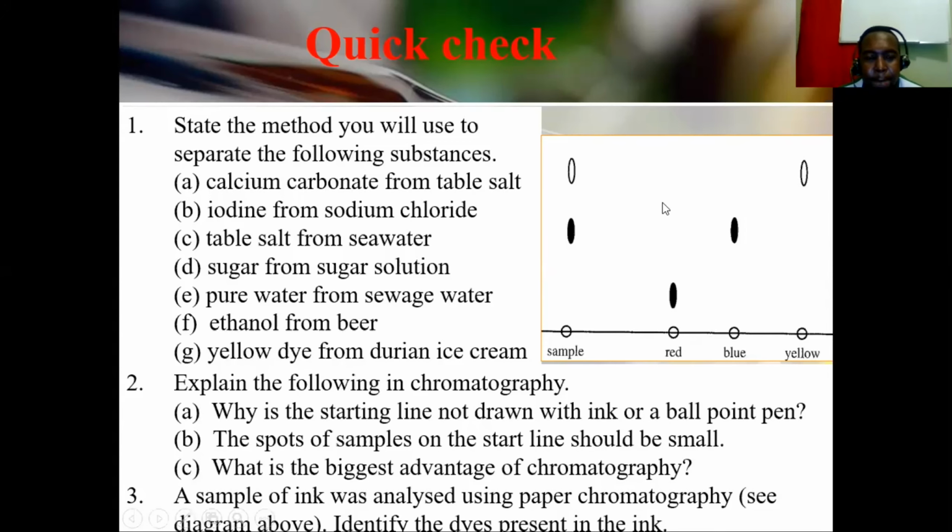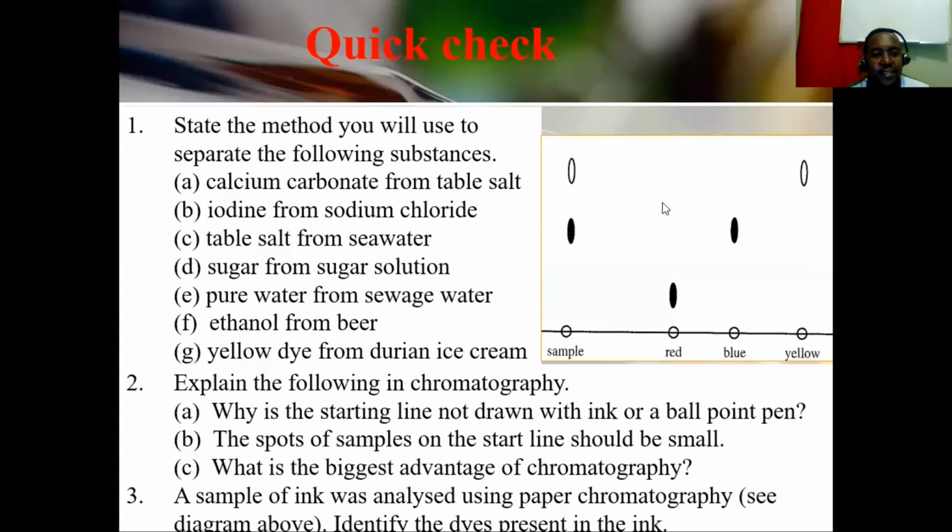What's unique about iodine again? It sublimes? Exactly. It sublimes, so therefore we can use sublimation to separate iodine and sodium chloride.